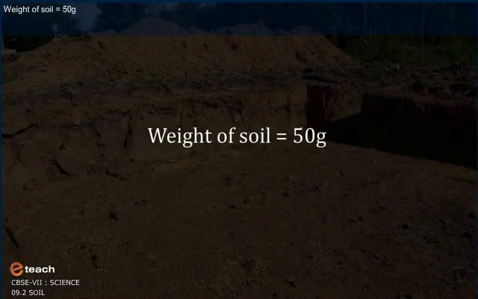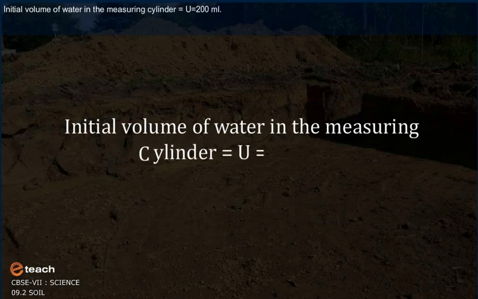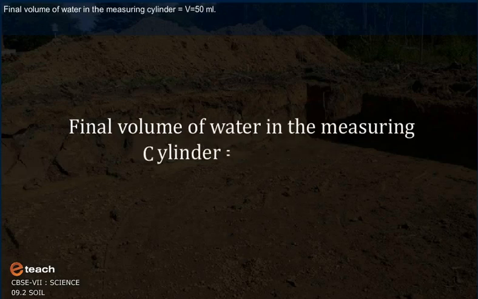Weight of the soil is equal to 50 grams. Initial volume of water in the measuring cylinder is equal to U, which is 200 ml. Final volume of water in the measuring cylinder is equal to V, which is 50 ml.